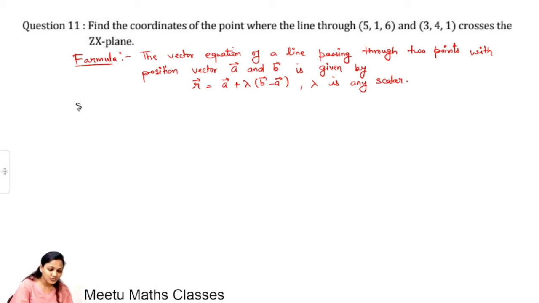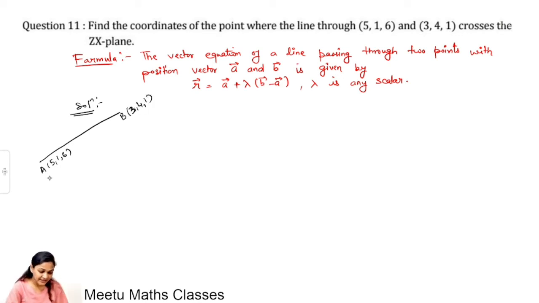Now your given line is passing through 2 points, A that is 5, 1, 6 and B that is 3, 4, 1. Let A have position vector 5i plus j plus 6k, and B have position vector 3i plus 4j plus k.